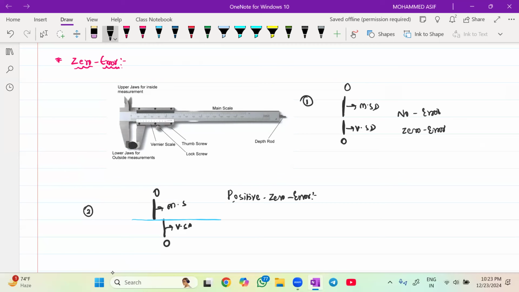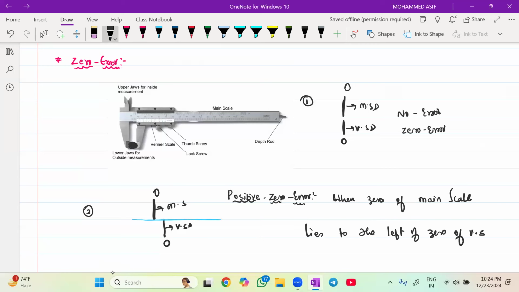I'll explain you. When zero of your main scale lies to the left of zero of Vernier scale, that is called your positive error.